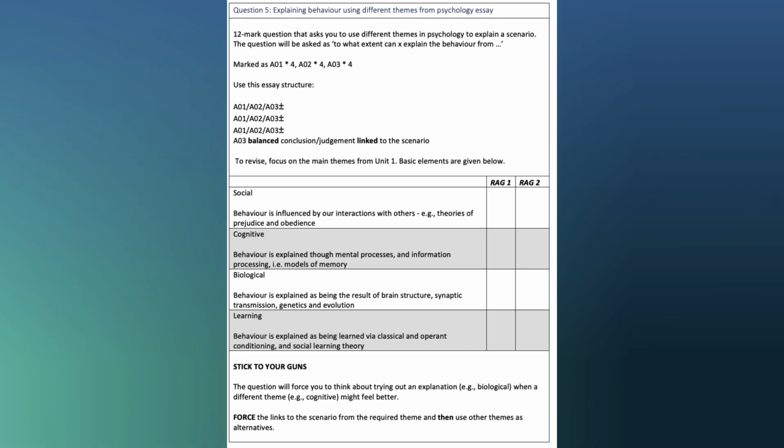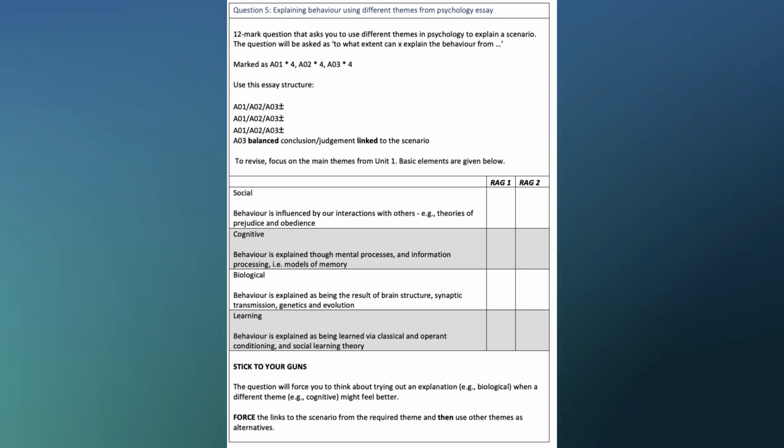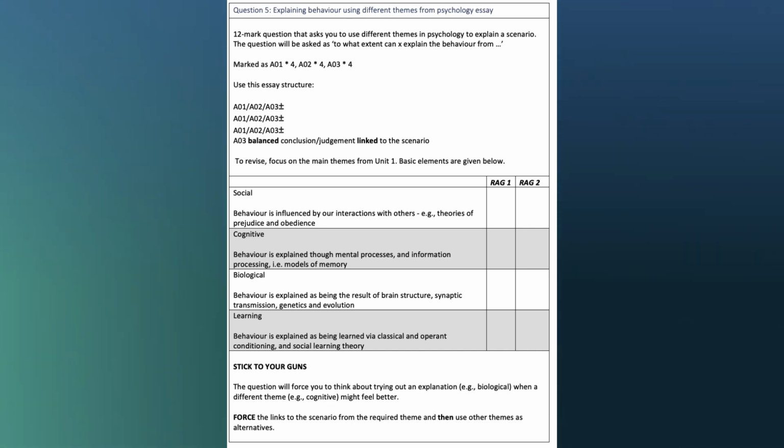Don't worry about learning because you haven't done it yet, but for example, social behaviours influenced by interactions with others, so we've got theories of prejudice and obedience. Cognitive is all the models of memory, and biological is all that stuff about brain structure, synaptic transmission, genetics, evolution. Freud, even though he's not a biological explanation.